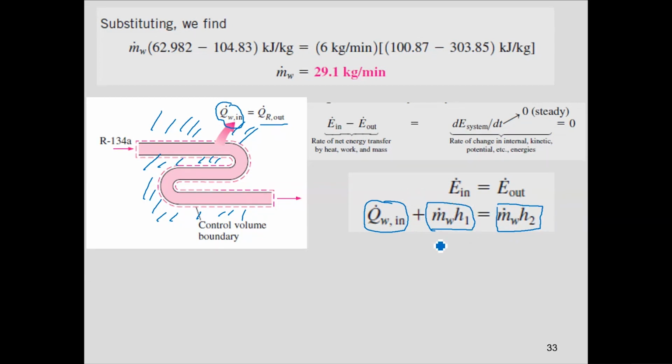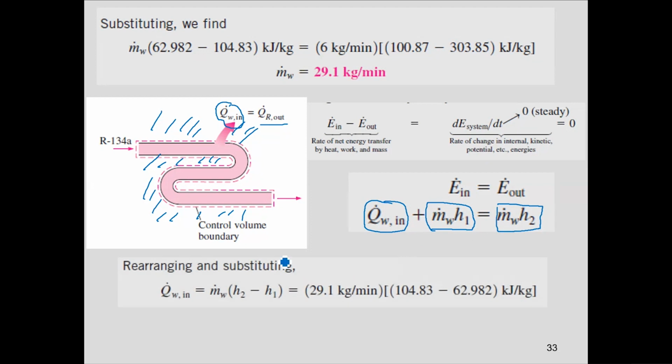Now, if you simplify this equation, h2 and h1 both are known from the first part. Mass flow rate you have calculated in the last part. You just have to plug in the values of the enthalpies and the mass flow rate to calculate the Q dot W in, which is the energy or heat gained by water, or it is the same thing as the heat lost by the refrigerant.